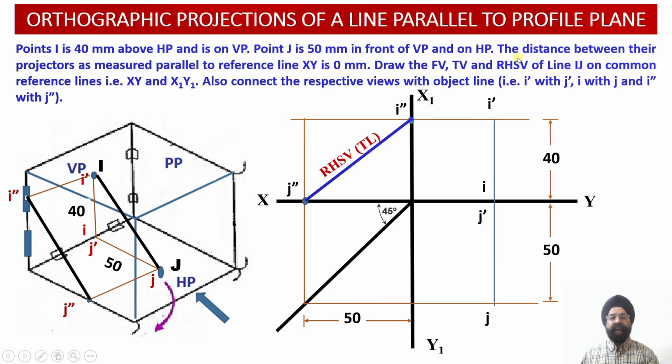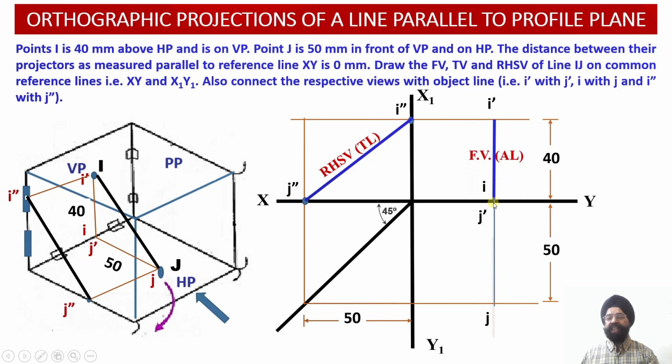So please check, I dash has been located, J dash has been located, point I has been located, point J has been located. For the front view projections, I can now join I dash, J dash.